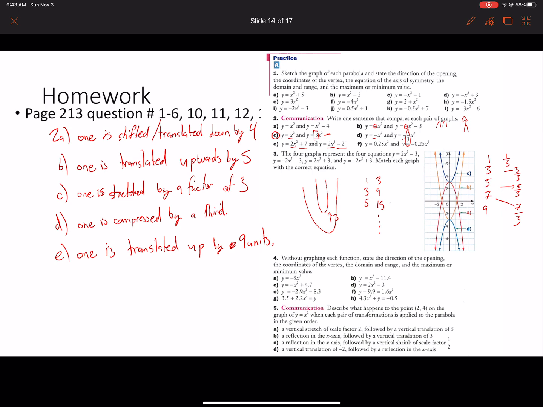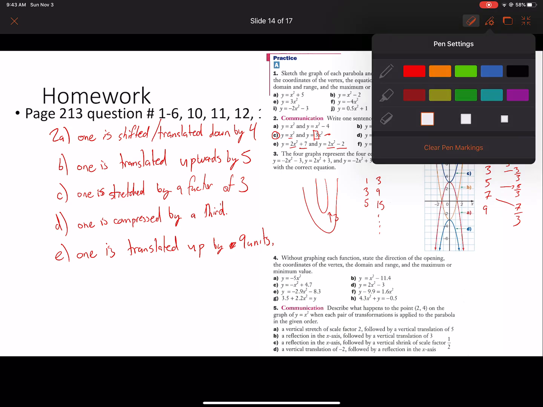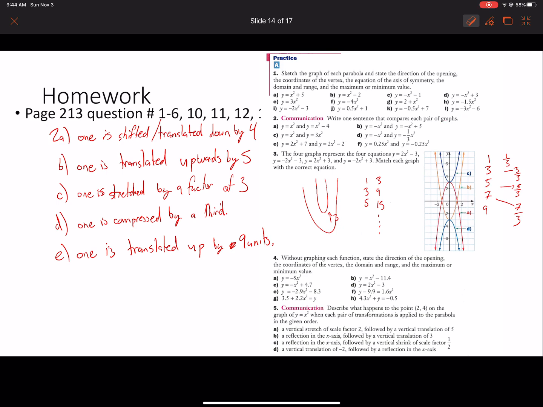And then finally, let's talk about F. F, what's the difference between them? Well, one is 0.25, so we won't talk about that. They're both 0.25. So that's not a difference. The difference between them is that one opens up upwards, the first one, and the second one opens up downwards.